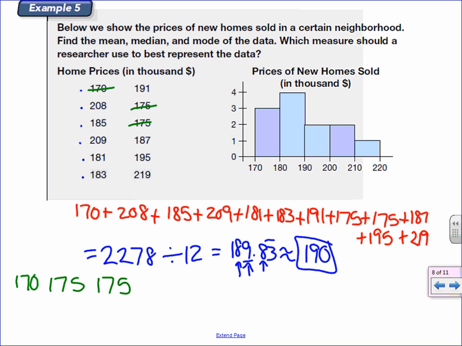And then the next lowest is 181 and 183. 183. And then 185. And 187. 191. 195, 208, and 219.